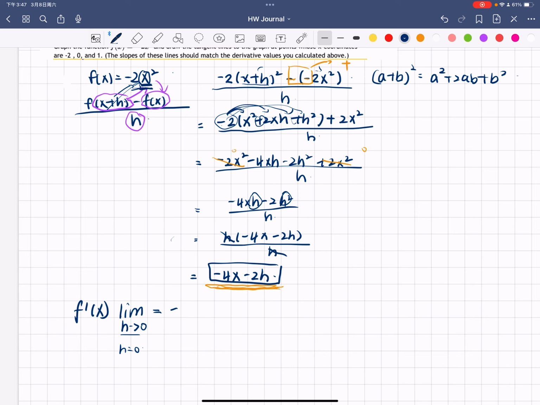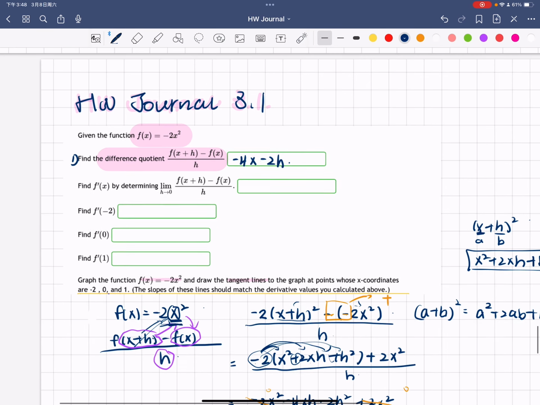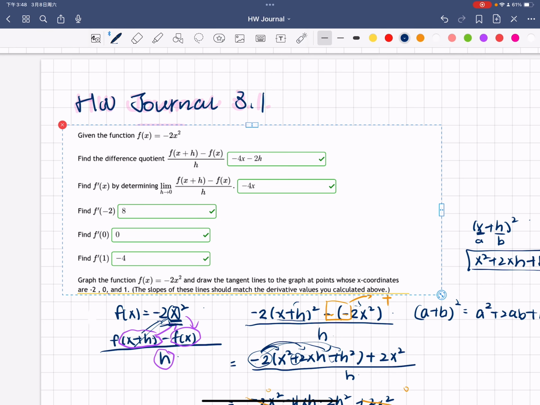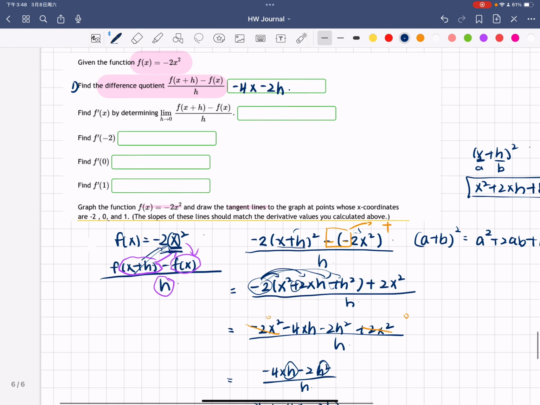So it's going to be negative 4x minus 2h. But this time h is going to be 0, so the whole second term is going to be 0, which leaves negative 4x. So the answer for the second portion is negative 4x.